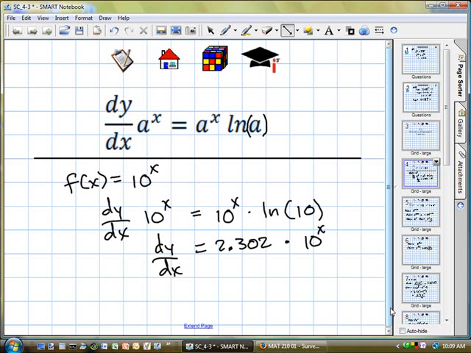All right, now how do you look up the natural log of 10? That would be a calculator thing. If you got a calculator handy, you probably got to hit your ln x, and if you got a graphic calculator, then you got parentheses, and then you would put the 10 in there. Hit enter. You should get something like 2.302, I think.